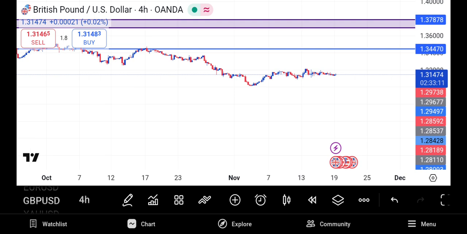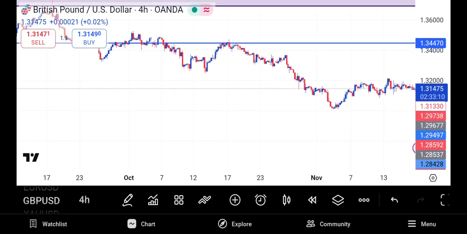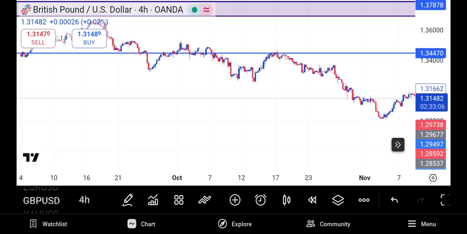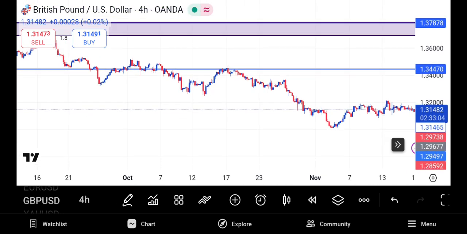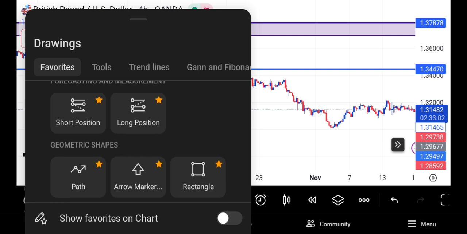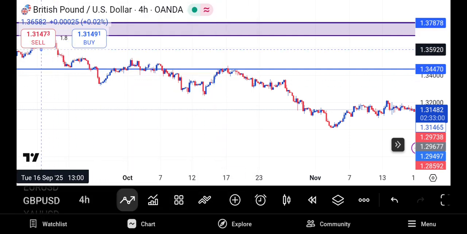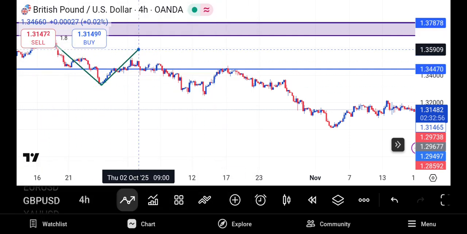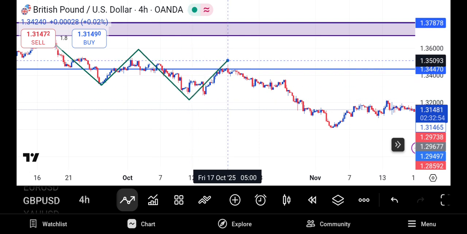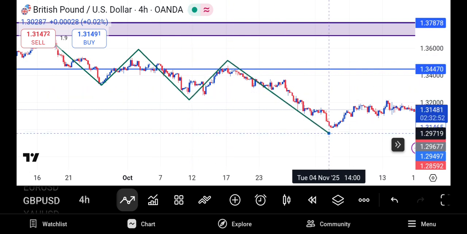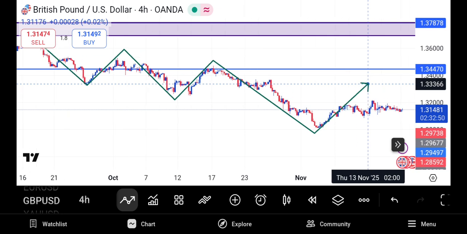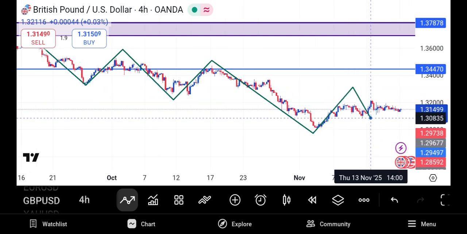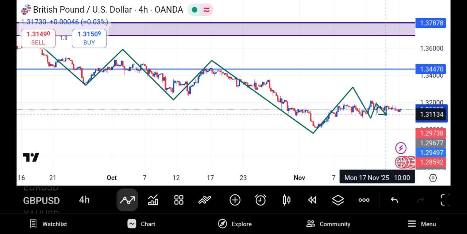Going down to the 4 hour time frame, you can see that price has been creating lower lows and lower highs. For those who don't understand, I'll demonstrate. This is what I mean: lower low, lower high, lower low, lower high, lower low, then we created that lower high, created that lower low, and then it just started consolidating.